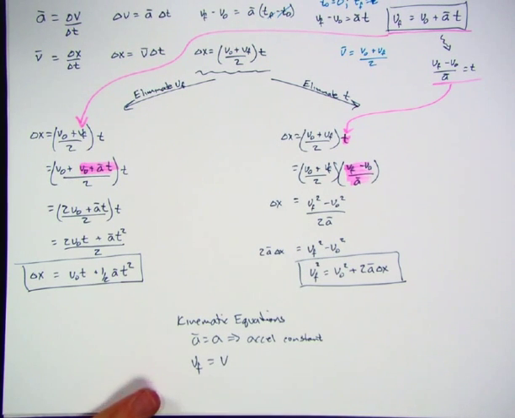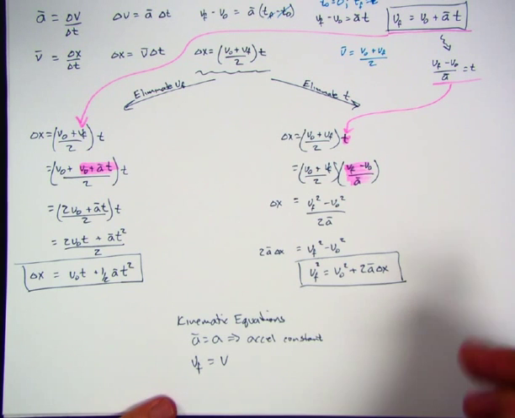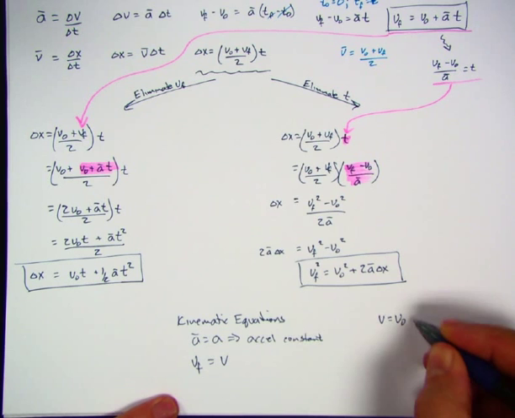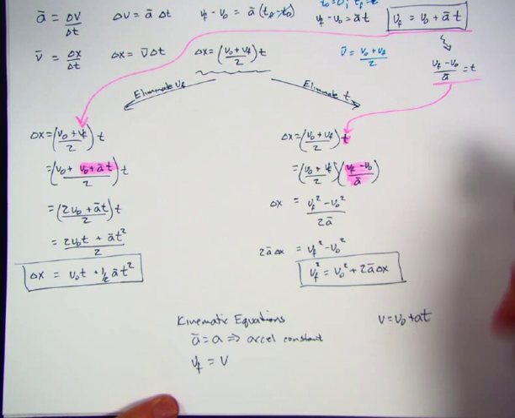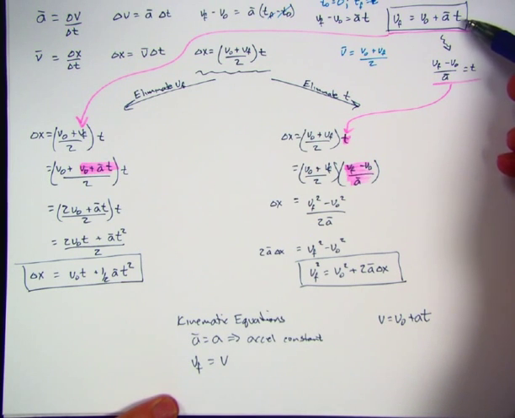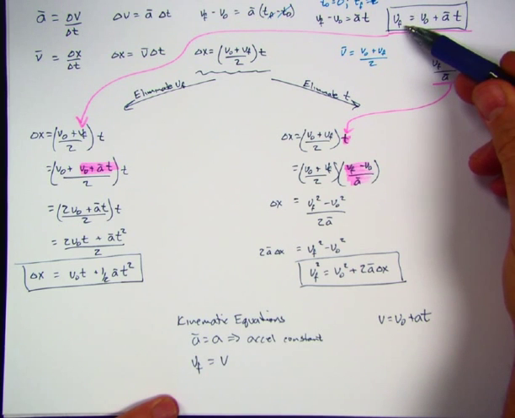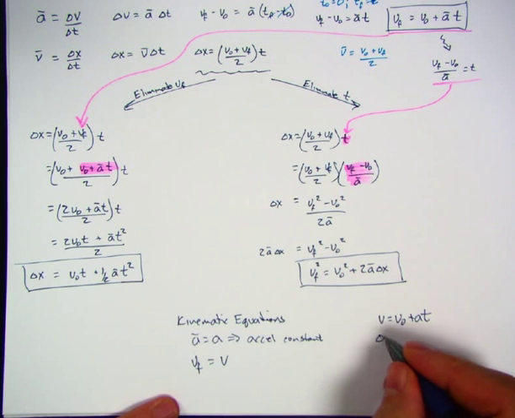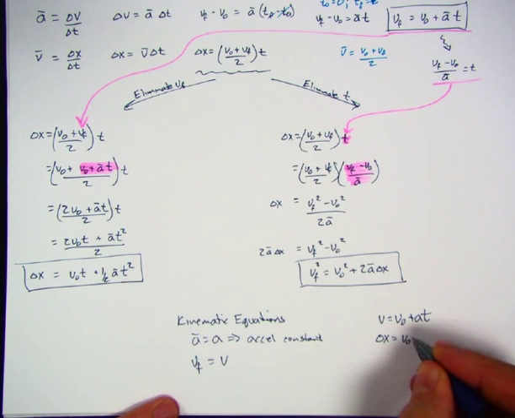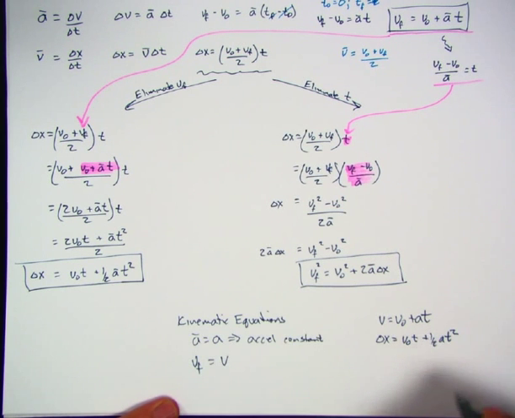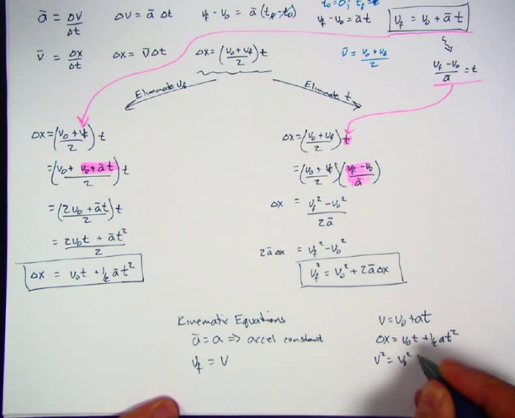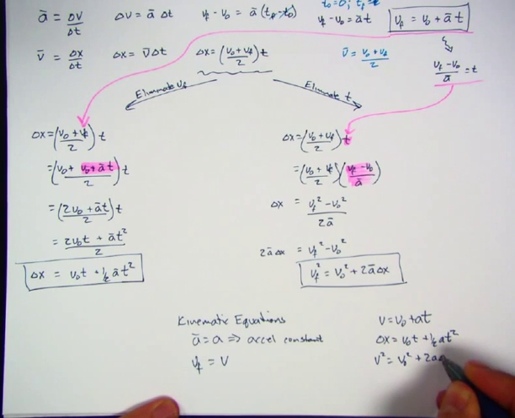So what we can do then is write these equations. We'll have three equations. v equals v0 plus at, right? That's this first equation, just getting rid of the subscript for v final and the a bar. We've got delta x equals v0 t plus 1/2 a t squared, and we've got v squared equals v0 squared plus 2a delta x.